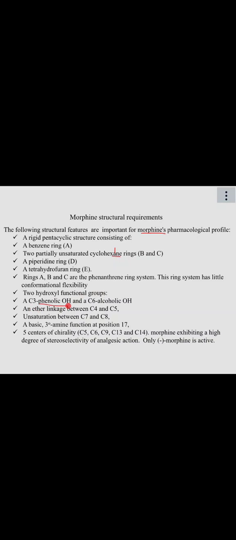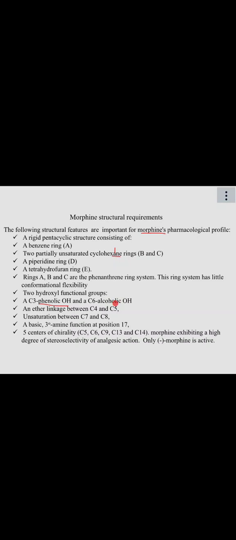And then we have an alcoholic hydroxyl group at position number 6, because ring, I think it's in fact ring C, this ring is not aromatic. It is just a cyclic hydrocarbon ring, not aromatic, and therefore the hydroxyl group is alcoholic. Again, we will look at the derivatives. This is for morphine, but we want to look at the derivatives and see, do you require the hydroxyl group?